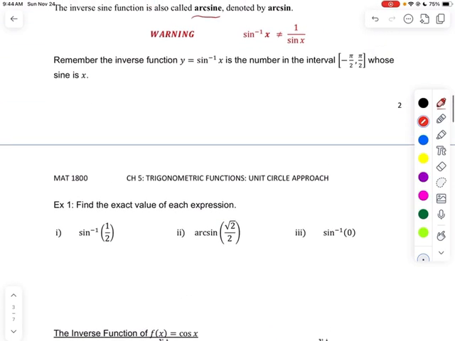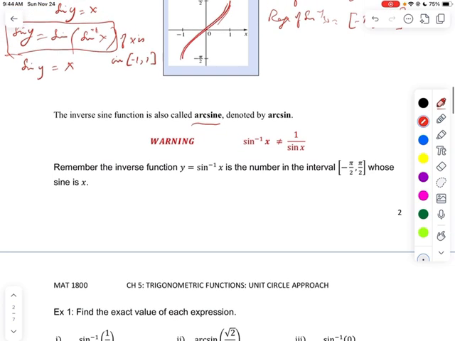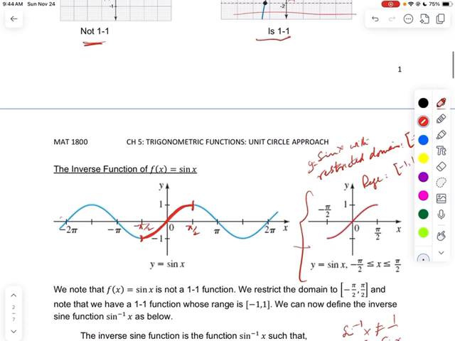This can only be done if x is in the domain of sine inverse, so if x is in -1 to 1. The domain of sine inverse x is -1 to 1, and the range of sine inverse x is -π/2 to π/2.